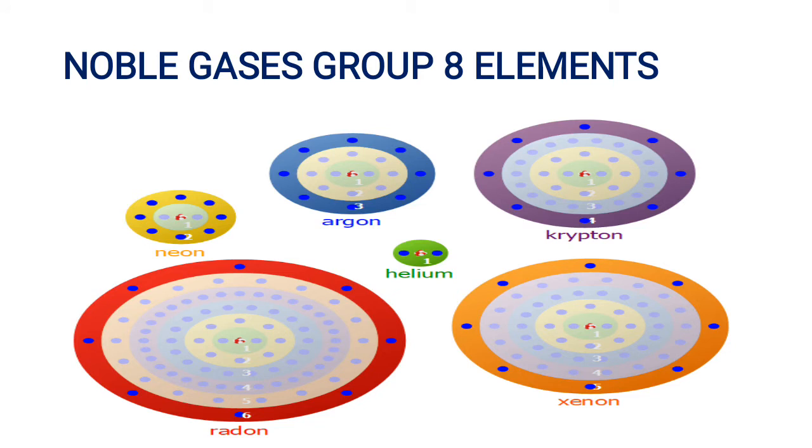So we see the structures of noble gases: neon, argon, krypton, xenon, radon. All of the noble gases, their atoms are showing their stability because of having 8 electrons in their outermost shell.